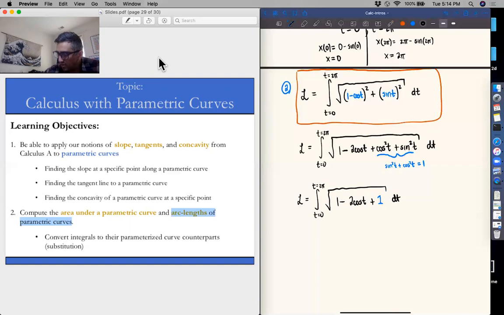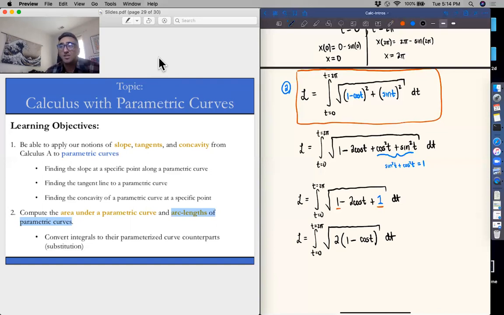We can combine both of those 1s underneath that square root, so we get 2 minus 2 cosine of t. And in fact, we could factor out a 2, so we get 2 times the quantity 1 minus cosine of t.